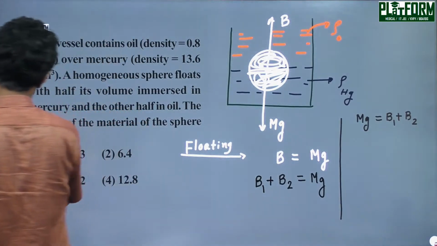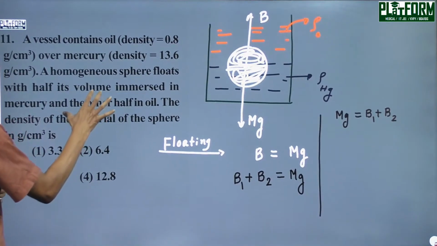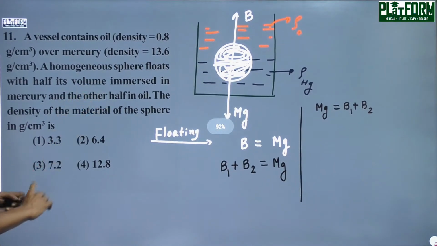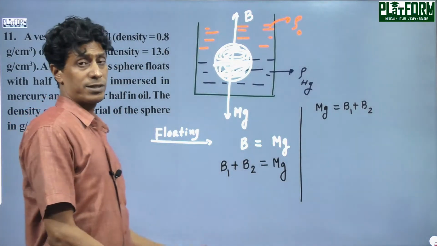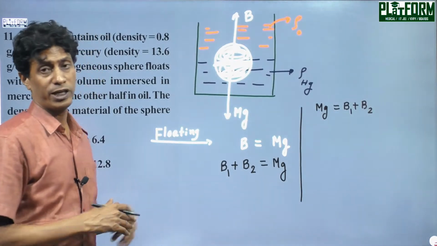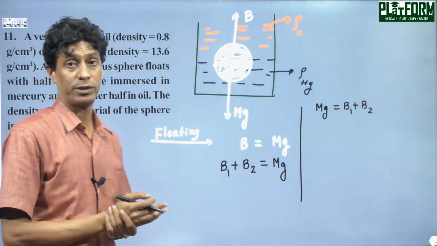In this problem, the weight of the body mg is equal to B1 plus B2. B1 is the buoyancy due to one liquid and B2 is the buoyancy due to the other liquid.